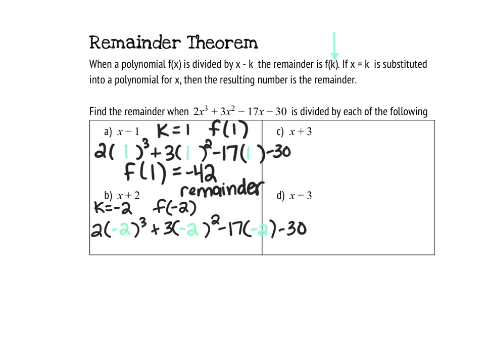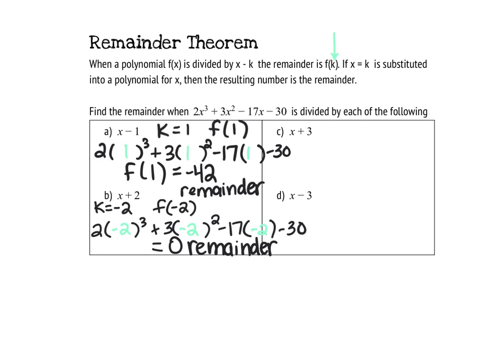Now, if you calculate this, you should get that f of negative 2 has a remainder of 0. And that's going to be super important come our next section. And I've talked about it before, that when we were doing the long division and the synthetic division, that remainder of 0 is going to be significant.